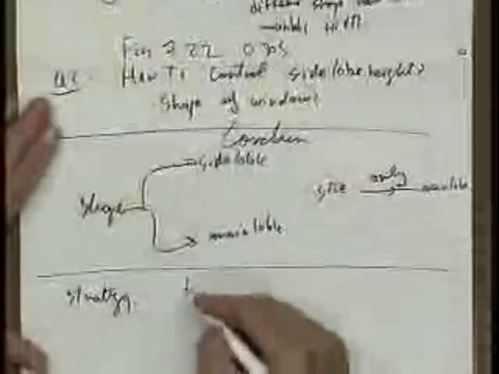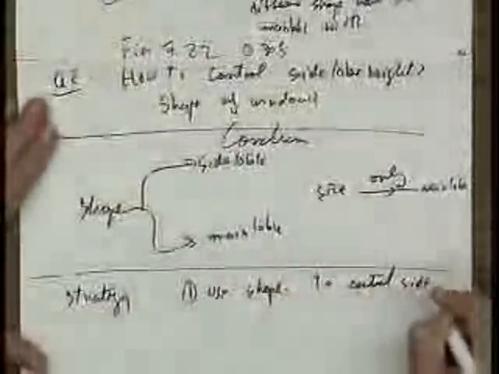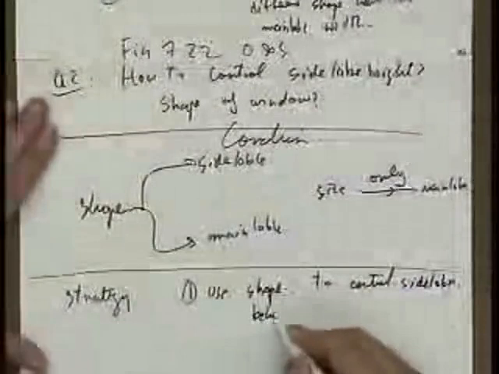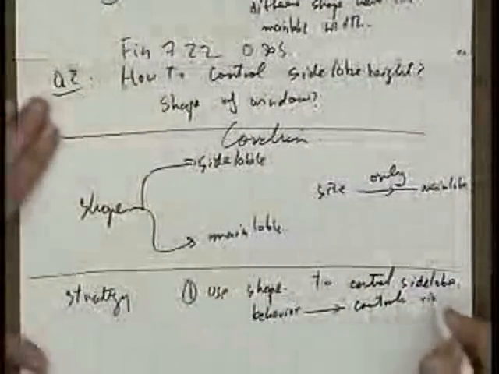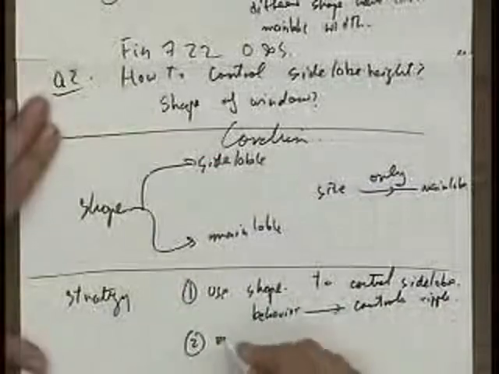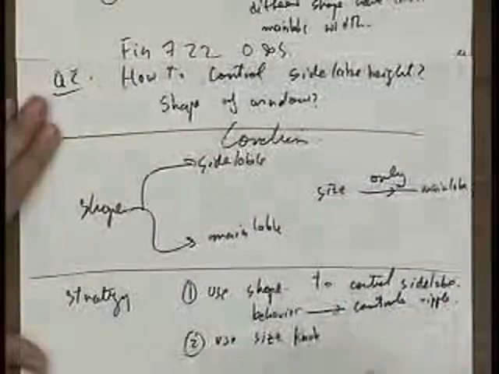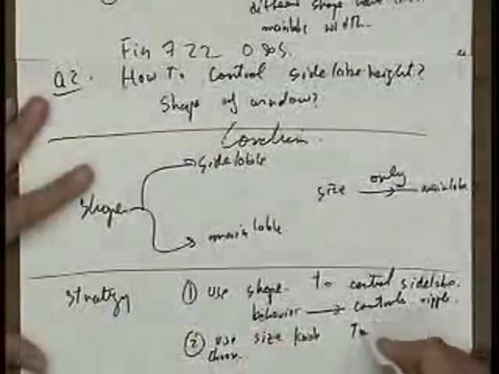So the strategy would be to choose the shape to control side lobe behavior, which in effect controls ripple in the final filter, and then use the size parameter, or knob, to control the main lobe behavior.